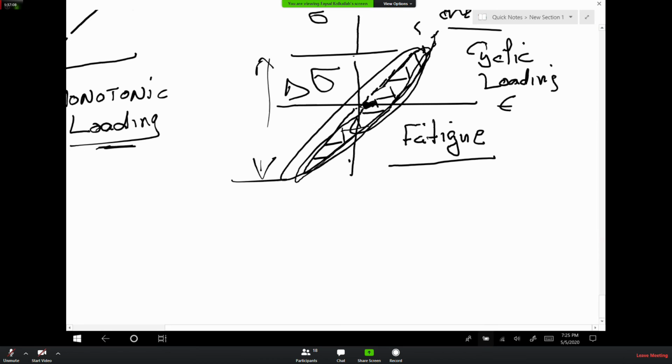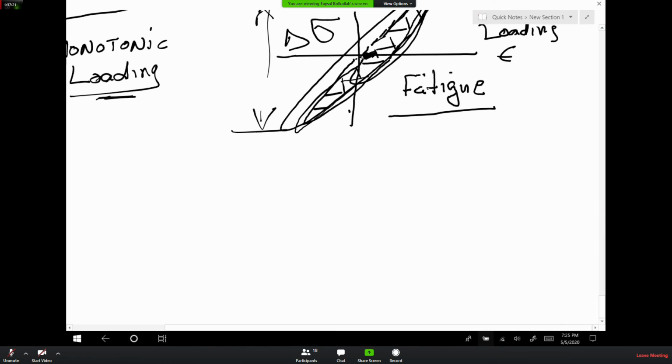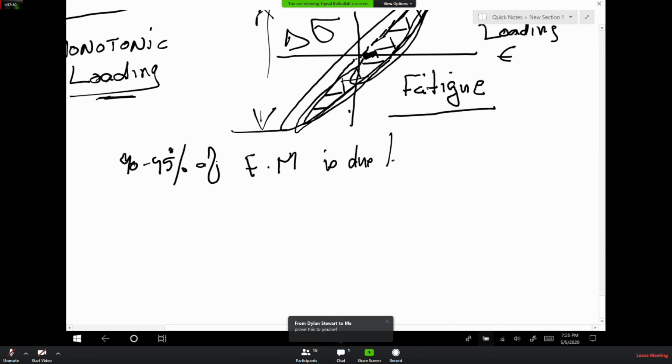And the corrosion itself can go into cycles, and delta sigma and delta T. So really, we can say 90 to 95% of fracture mechanics, and we say fracture mechanics means broken, is due to fatigue.